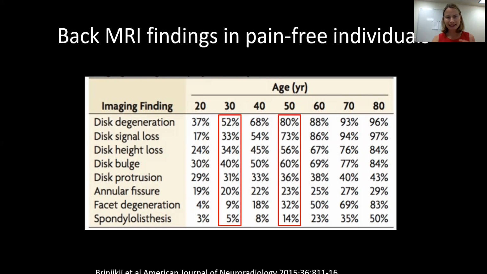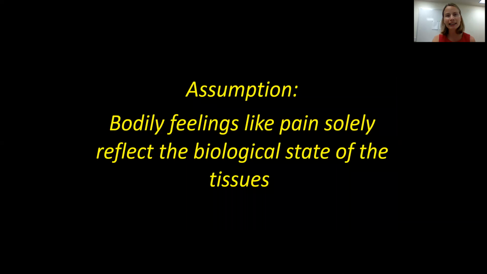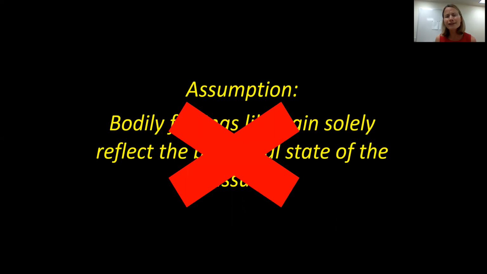And this information together really challenges the assumption that bodily feelings like pain solely reflect the biological state of the tissues. They clearly don't, because otherwise what we would see is these people that have these different changes, what some consider pathological changes in the tissues, they would also have pain, but they don't. And it tells us that there's actually more to the story.